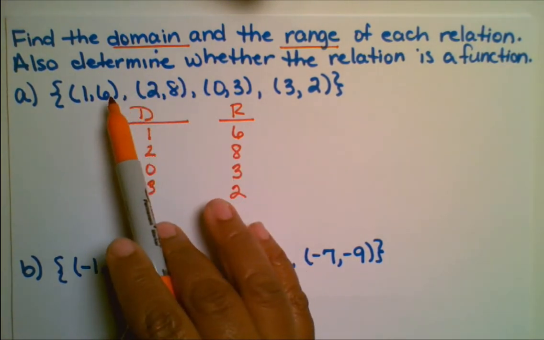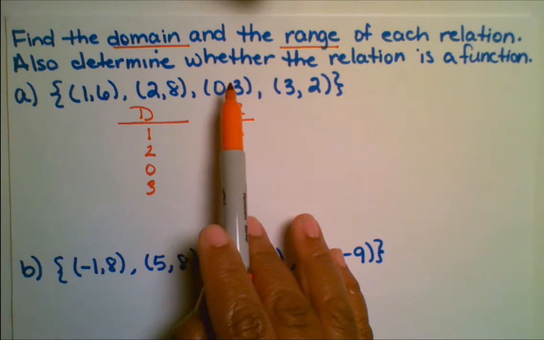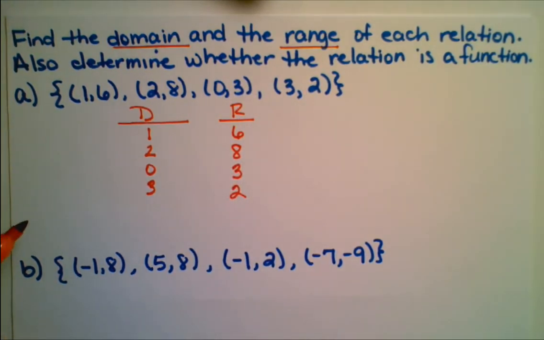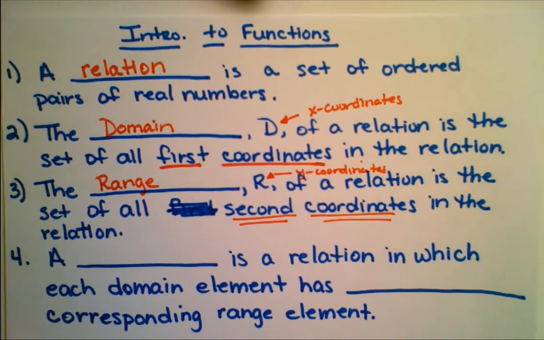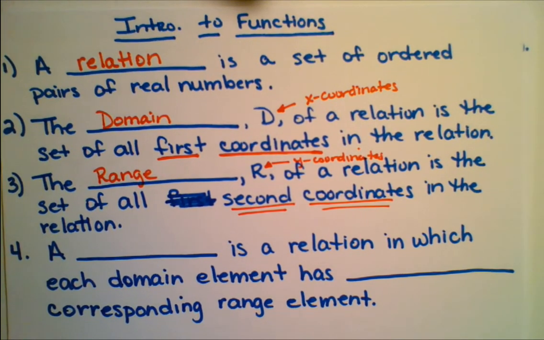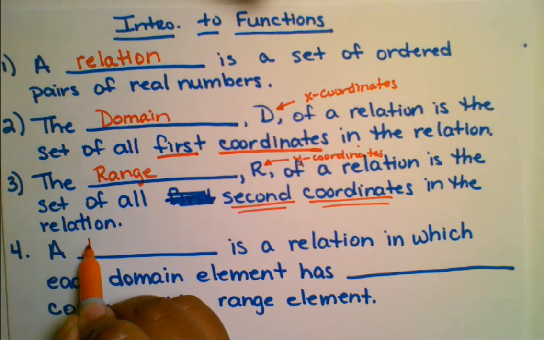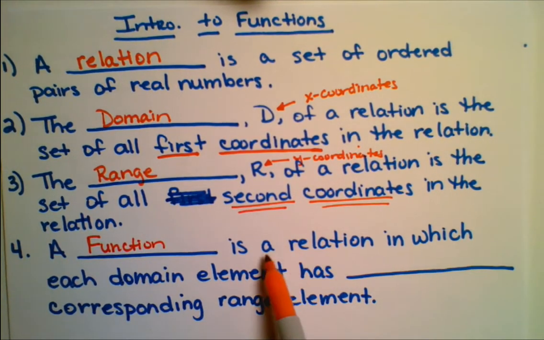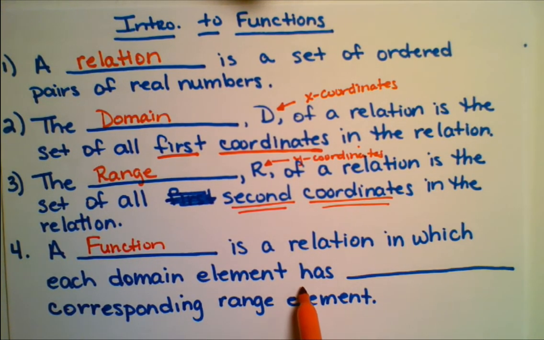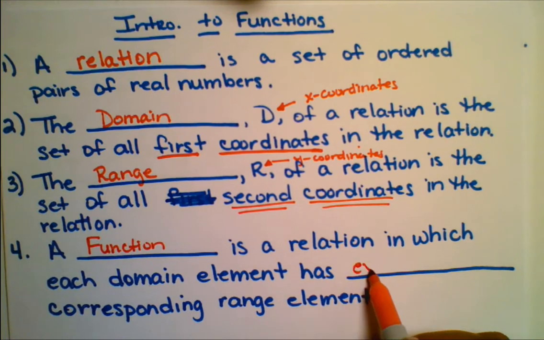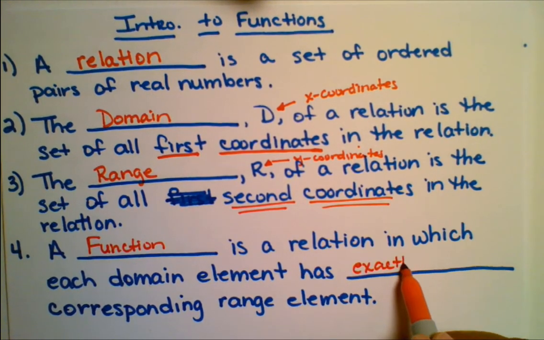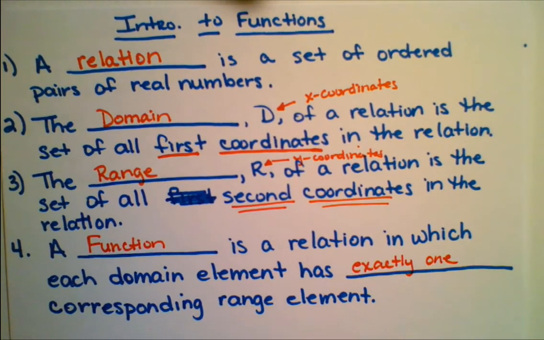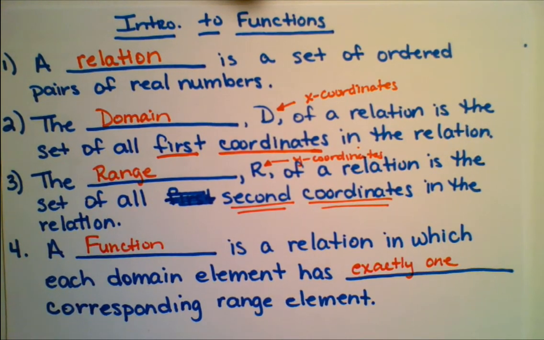And then lastly, it's asking us to determine whether the relation is a function. So how do we determine if a relation is a function? Well, first of all, what is a function? A function is a relation in which each domain element has exactly one corresponding range element.